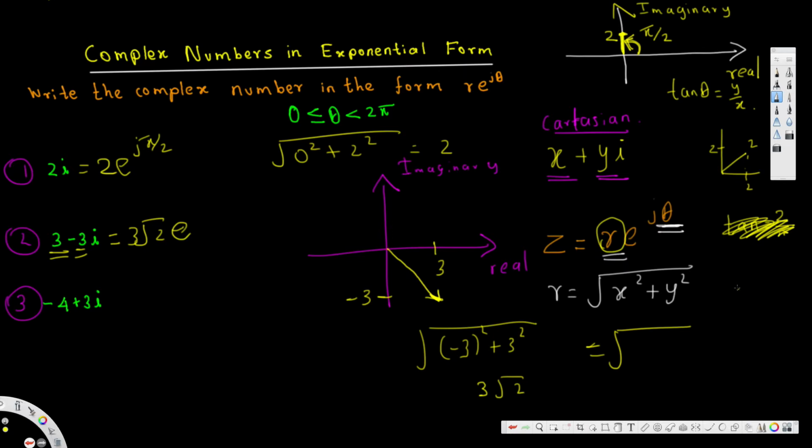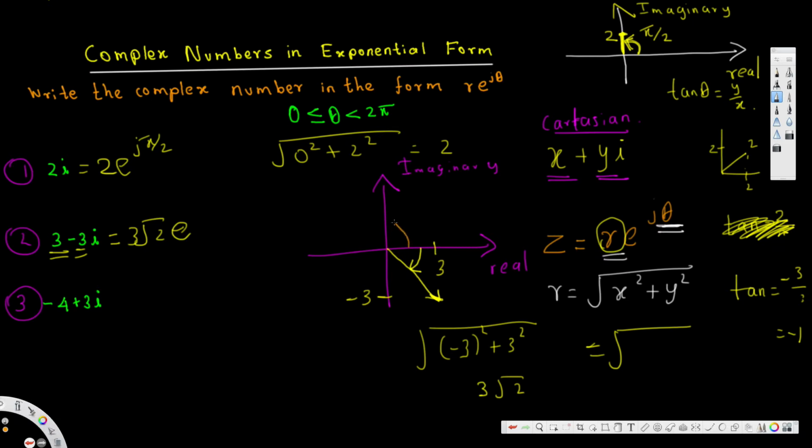And the angle is tan theta, y over x. Y is negative 3 and x is 3. So negative 1. Negative 1 means minus 45 degrees. Minus 45 degrees comes from here to here, but we cannot go clockwise because we always have to go counterclockwise in this direction.